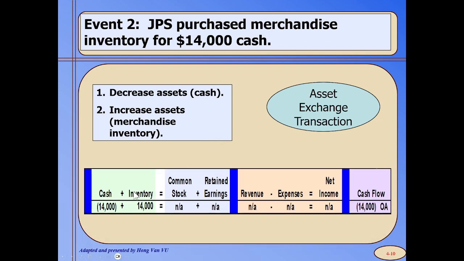Here is the effect of this transaction on the financial statements model. So we see that cash decreased by 14,000 and the inventory assets account increased by 14,000. So in general, there's no effect on total assets. But we have a cash outflow of 14,000 for operating activity.